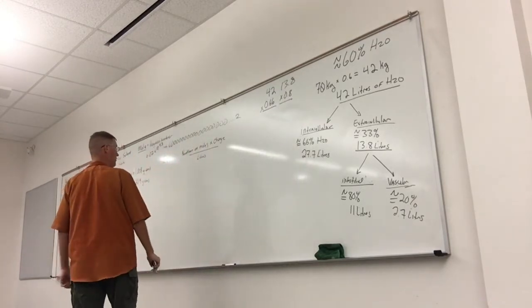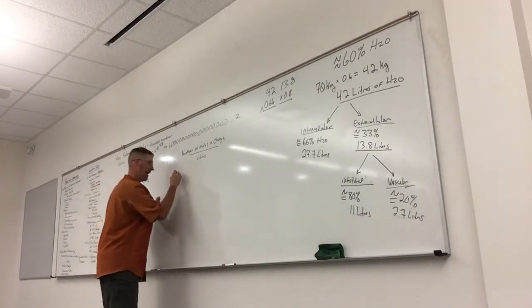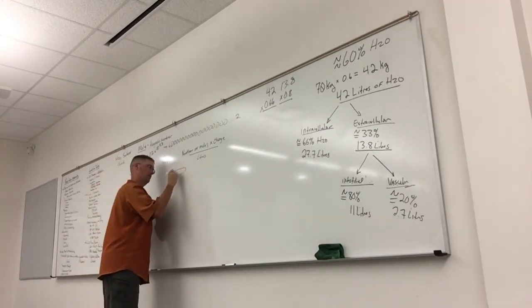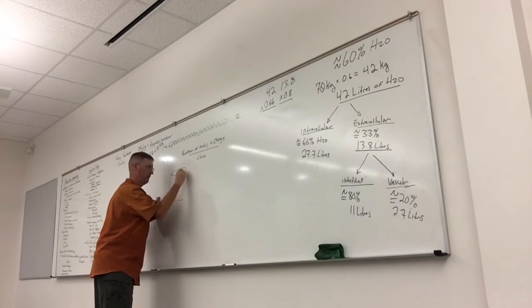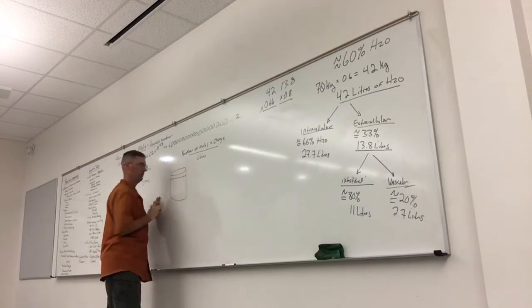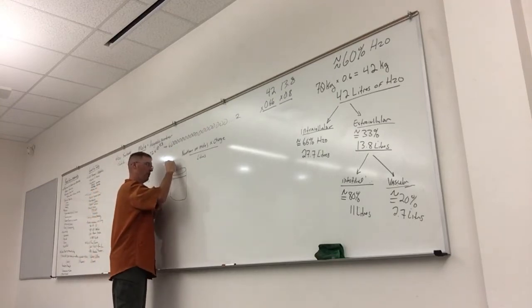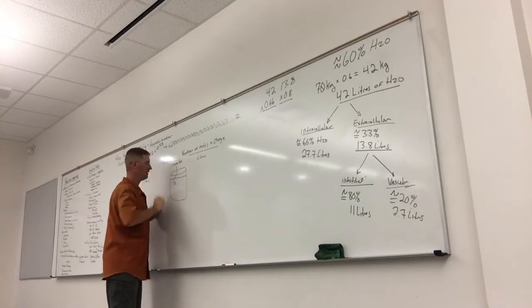Let me give you an example of how this works. Let's say that I have, and I'll draw some water here, 1 liter of water. You guys okay with that? And I put 1 mole of sodium into that liter of water.